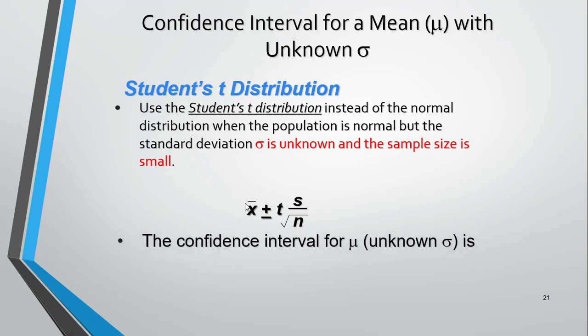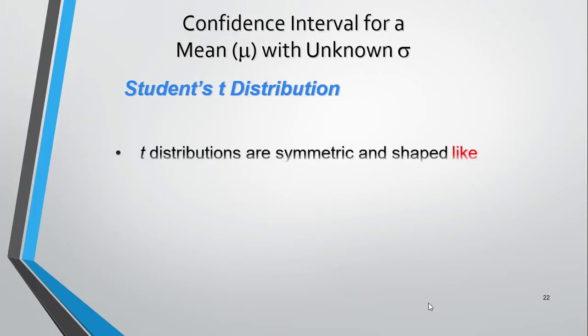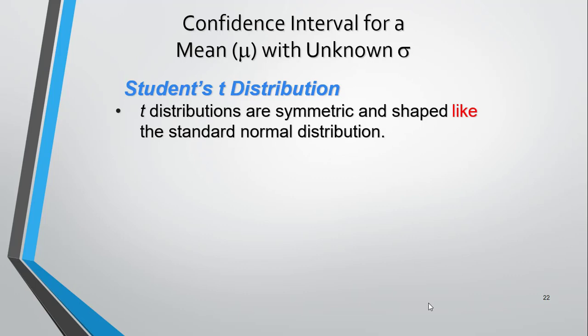This is the equation for the student distribution confidence interval, and we use t, student t. The confidence interval for mu is x bar, the mean, minus that as a lower limit, plus that as an upper limit. The score for student t can be found in the book as well, in the appendix.